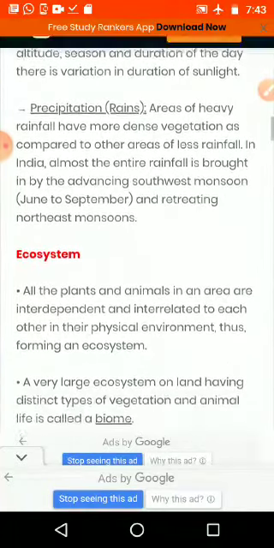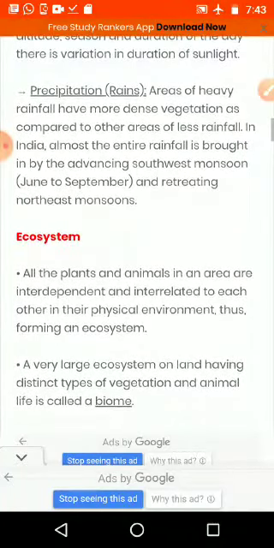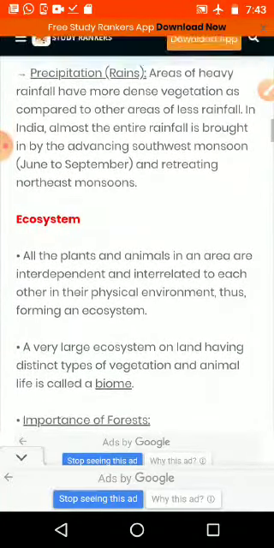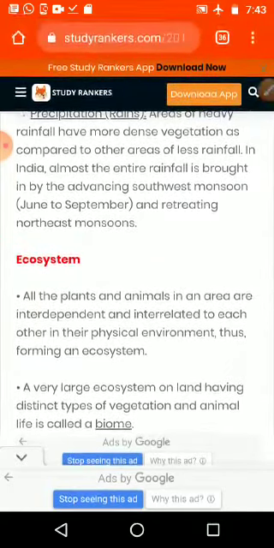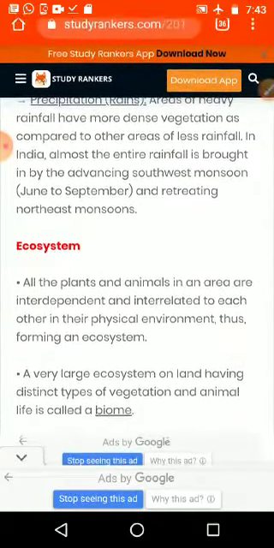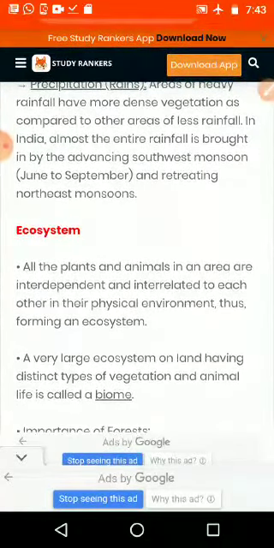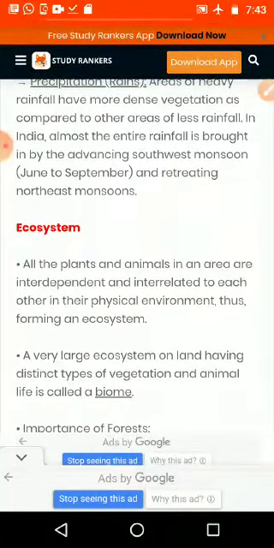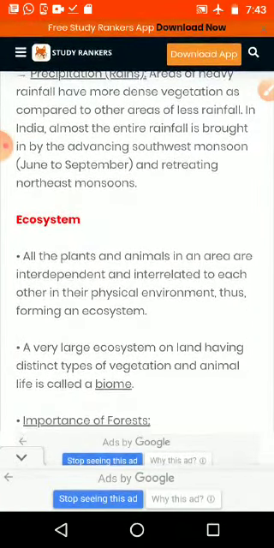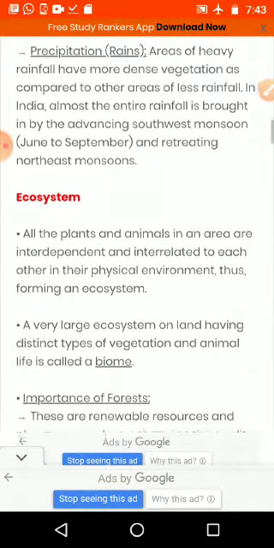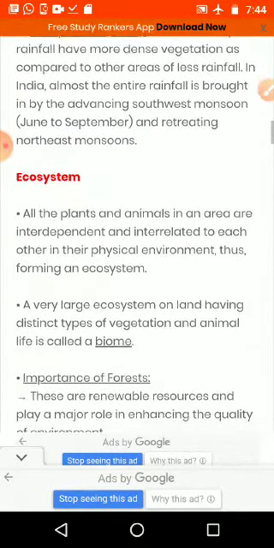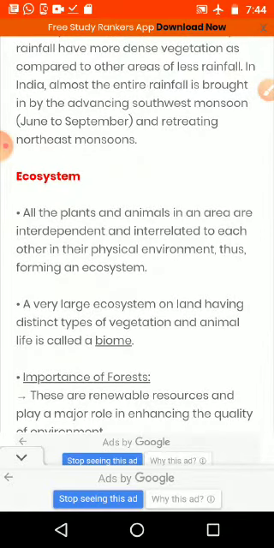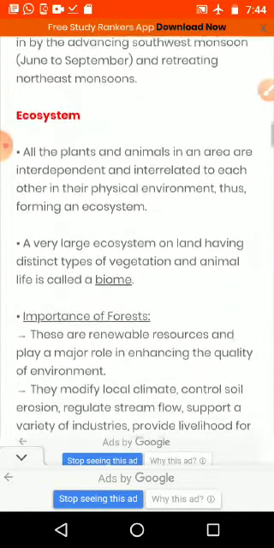Precipitation or rains. Areas of heavy rainfall have more dense vegetation as compared to other areas of less rainfall. In India, almost the entire rainfall is brought in by the advancing southwest monsoon, June to September, and retreating northeast monsoon. That we have already seen in the last lesson.